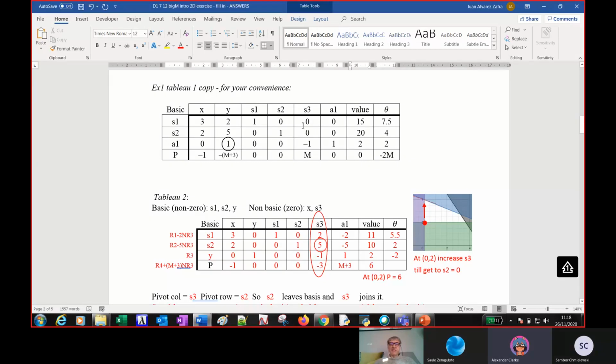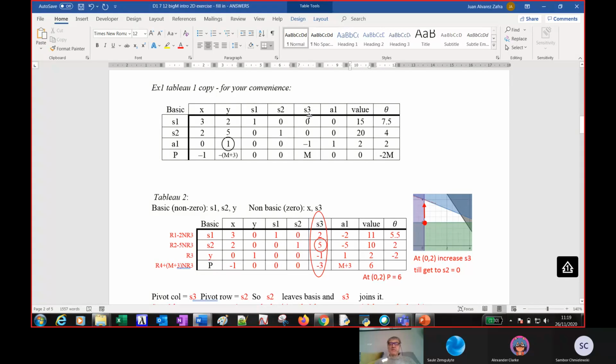Twice 0 minus 0 is still 0. Yeah, that's right. So for S1, we left it alone, 1 minus 2 times 0 is 1. For S2, row 1 minus 2 times row 3 means for S2, we have 0. Subtract 2 times 0 leaves us with 0 for S2 here.